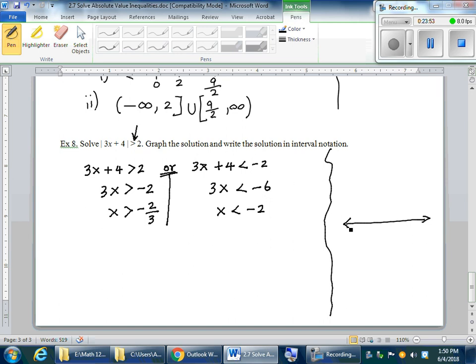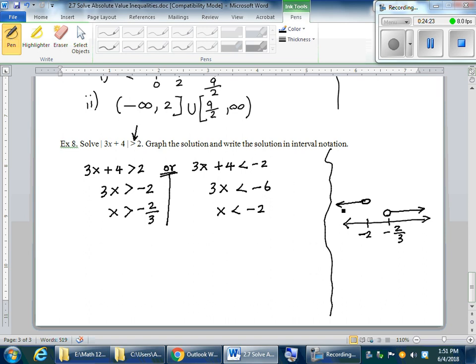So here is negative 2, here is negative 2 over 3, and open circle because it's greater than, so x is greater than negative 2 over 3, that will be going in this direction, and then x is less than negative 2, so open circle again and go in that direction.